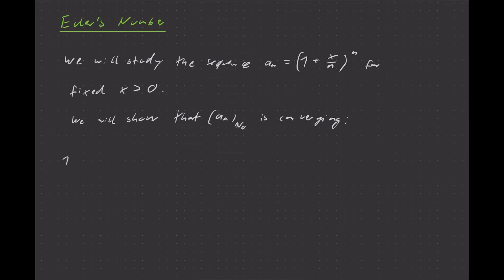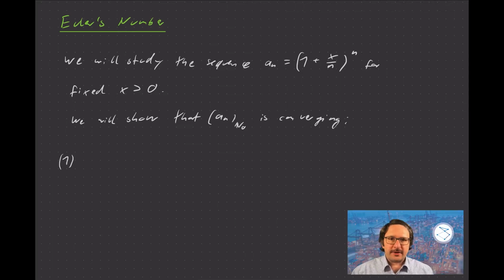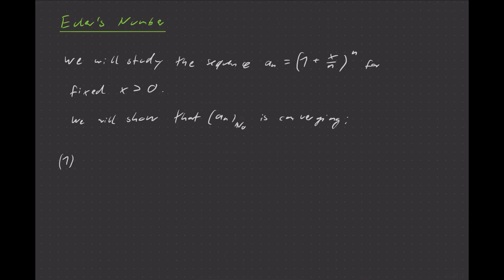To do so, we'll use one of the theorems that we've derived, specifically the theorem that says a sequence that is monotone and bounded is converging. To apply the theorem, we obviously need to prove that the sequence is monotone and bounded. We'll start with monotonicity here.